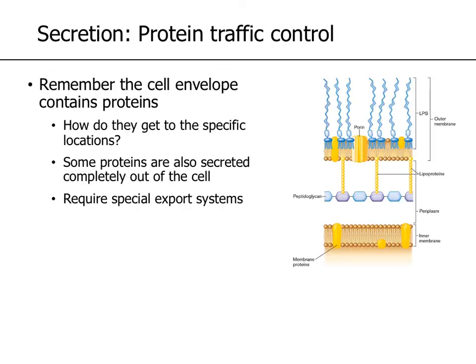All right, so we talked about protein modifications and what happens when you're done with the protein if you have the wrong signal. But now, especially for gram-negative bacteria, the cell envelope contains proteins, and it has different regions. So how do we get the proteins to the right locations?